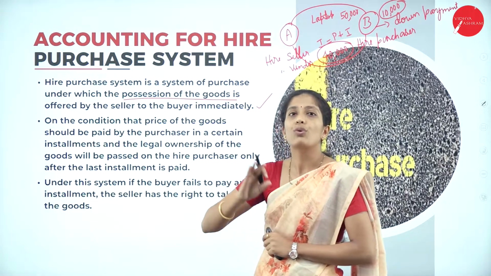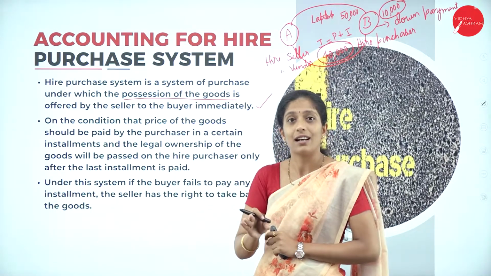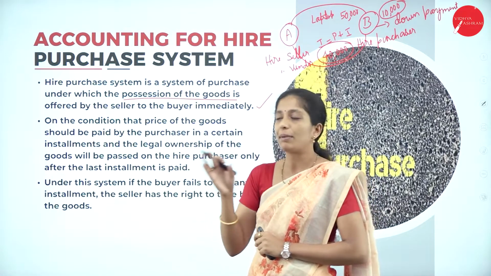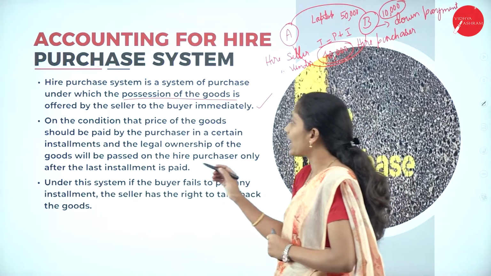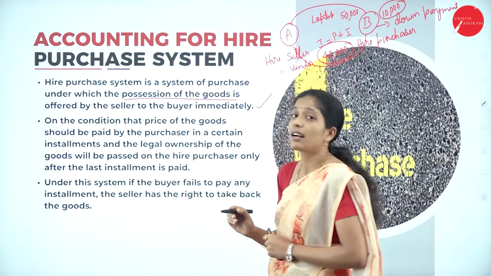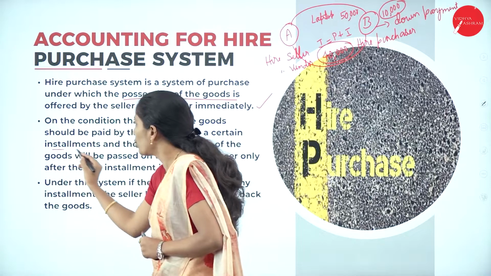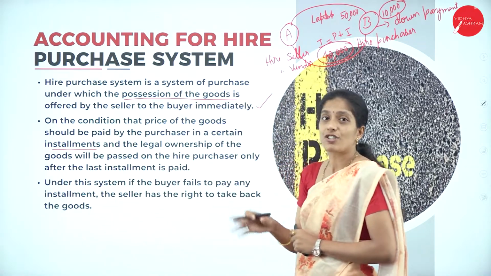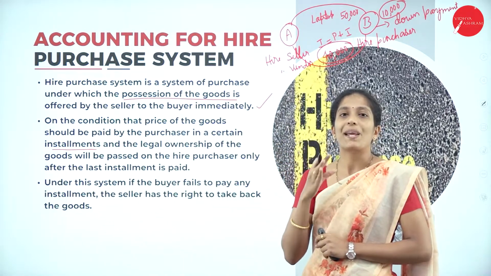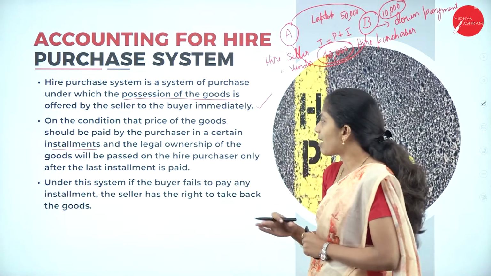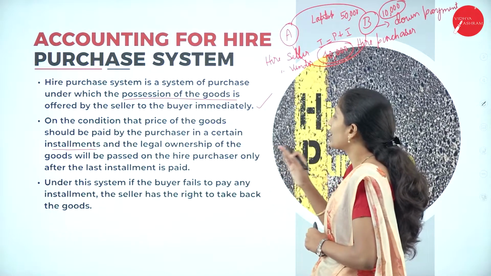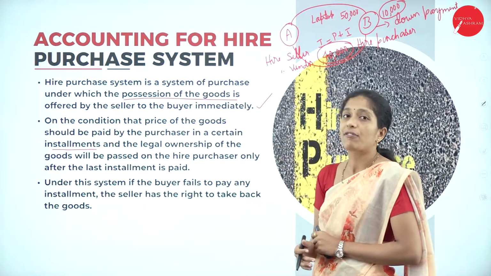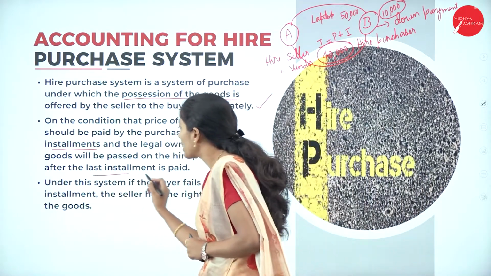The goods are transferred on the condition that the price should be paid by the purchaser in certain installments. So the payment is not made immediately, but in the form of installments, and the legal ownership of the goods will be passed to the hire purchaser only after the last installment is paid.